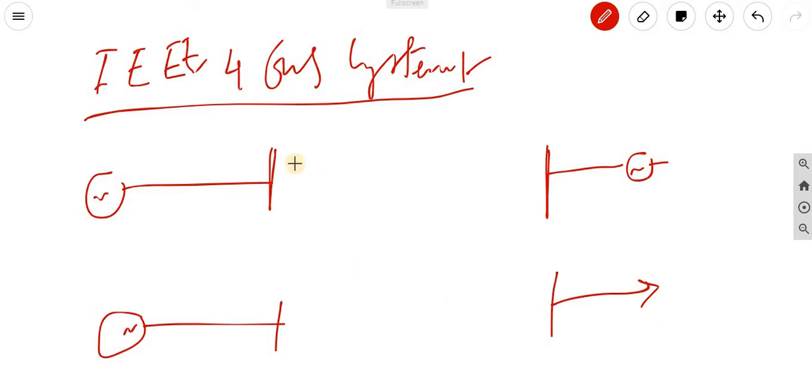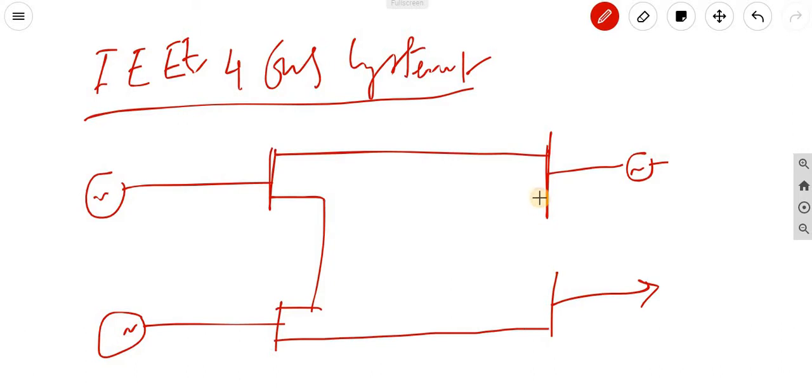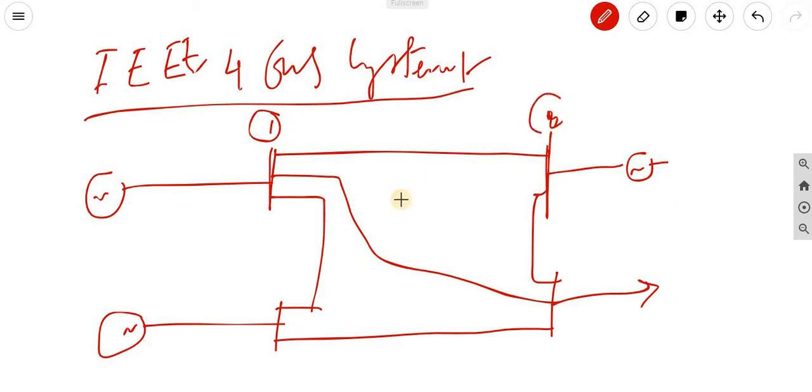This bus and this bus are connected through this line, this is connected to this, and this line is also connected to this. So we put bus number 1, bus number 2, bus number 3, bus number 4.